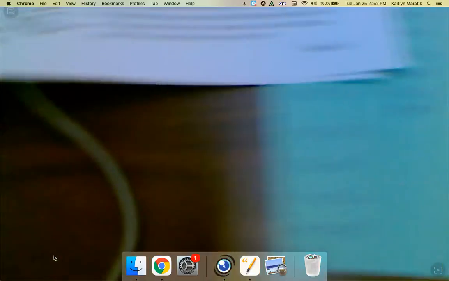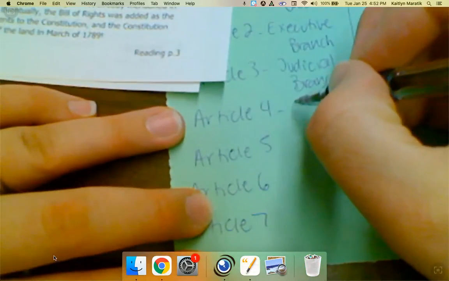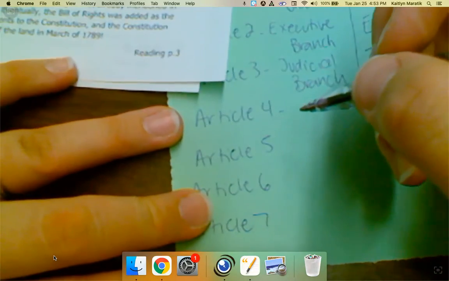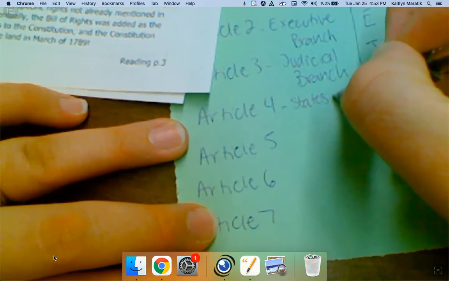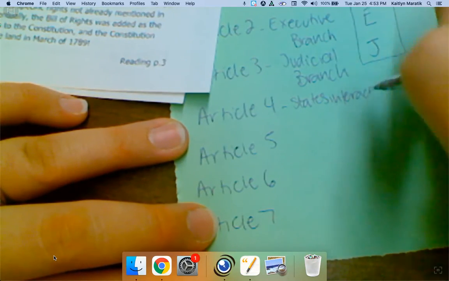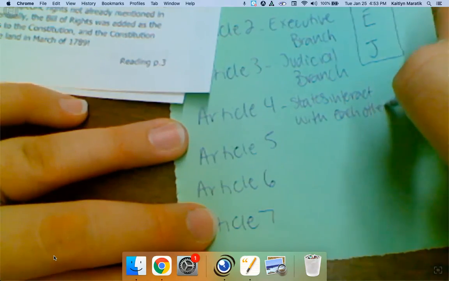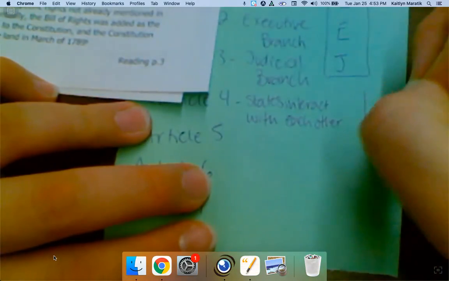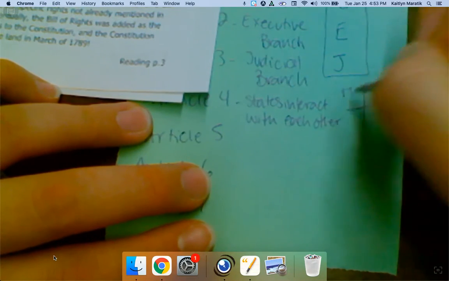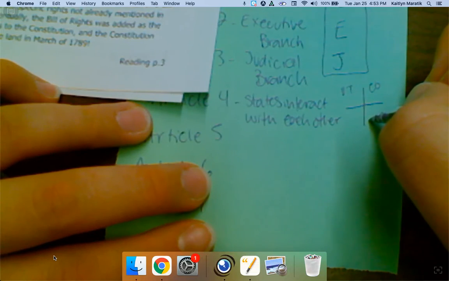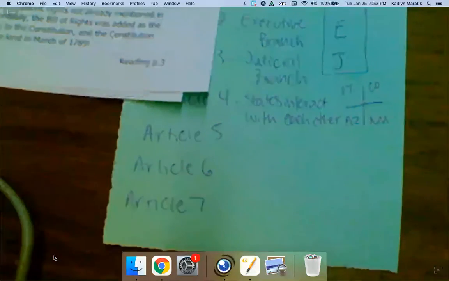Article 4 is the states and how the states interact with each other. What I always think of here is the states. There's the 4 corners where we've got Colorado, we've got Utah, we've got New Mexico, and Arizona.